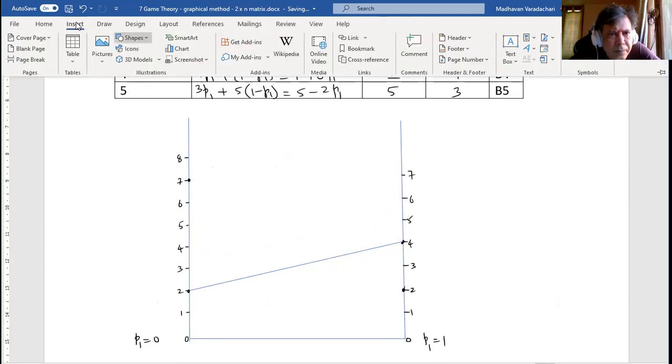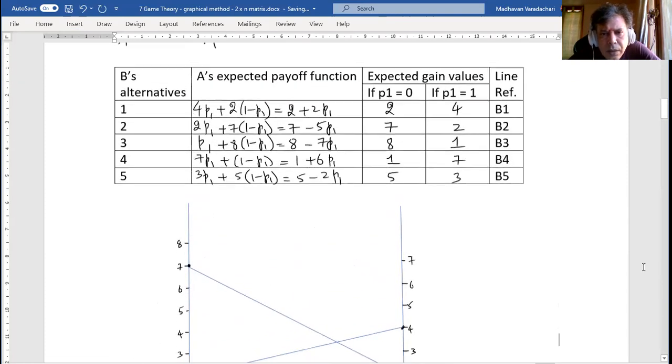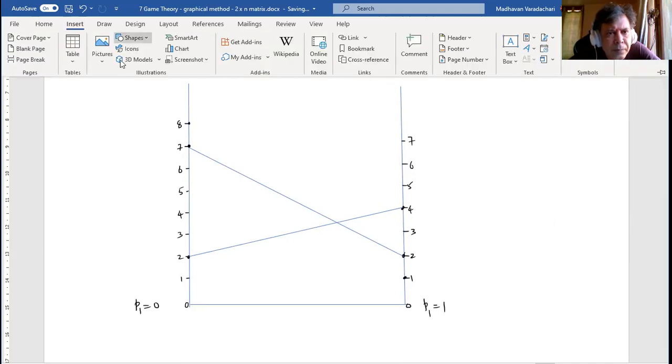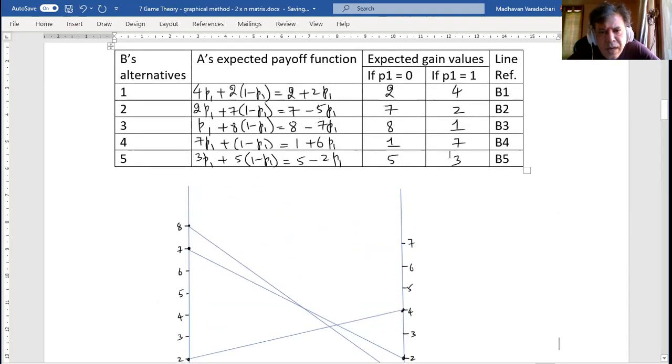Join those 2 points. Then left it is 8, right it is 1. Join those 2 points. Right. Then left it is 1, right it is 7.